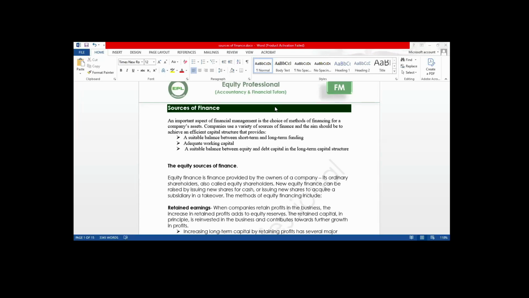If you pick a typical company, you are going to see equity finance, preference share finance, long-term debt, short-term debt, medium-term debt. Now the question is, why do companies use different types of finance? Why not stick to one?